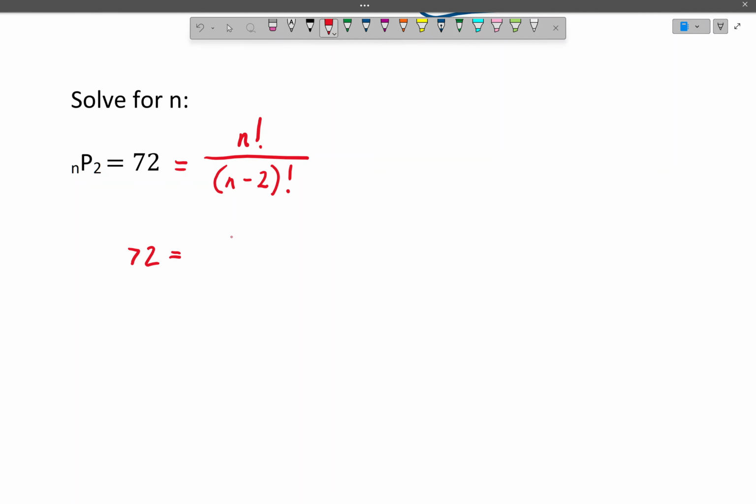So this is 72 over here. We're going to write down whichever one is the smaller factorial, and then we're going to unzip the larger factorial until they match. Then we can cancel out the matching parts, and we can multiply that out.